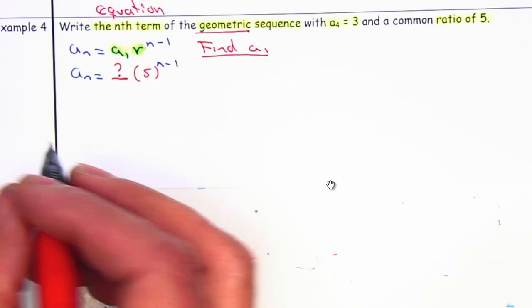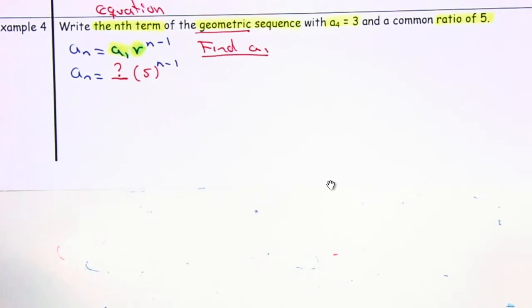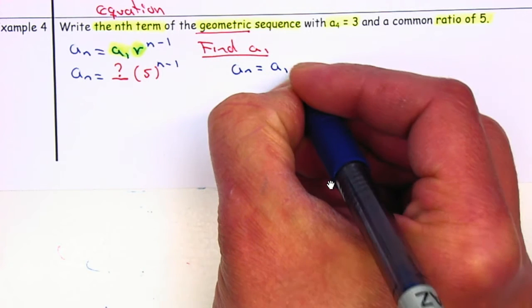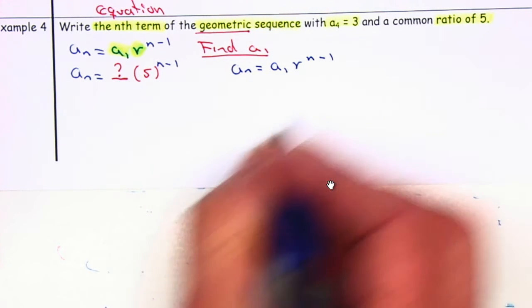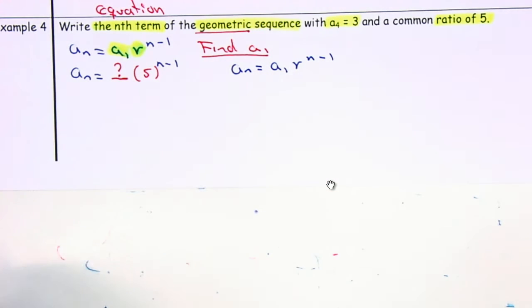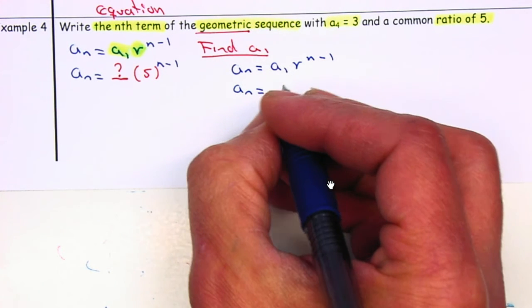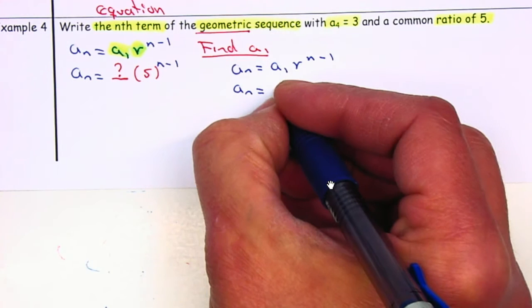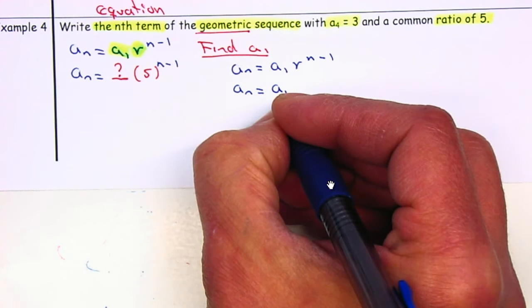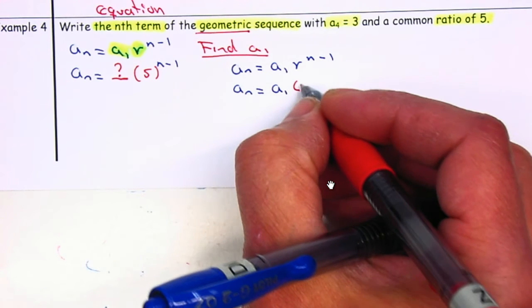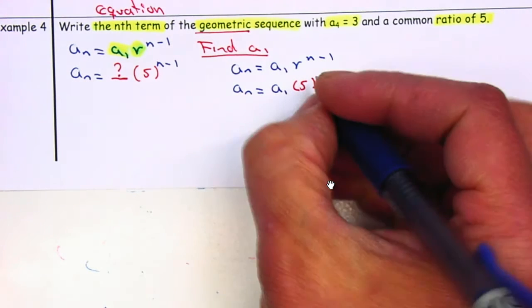To find a sub 1, we are going to use the same equation. A sub n is equal to a sub 1 r to the n minus 1. And we're going to plug in the information that they gave us. That'll be a sub n is equal to a sub 1. We don't know what a sub 1 is. That's what we're trying to find. R is the ratio, so we know what r is, which is 5 to the power of n minus 1.